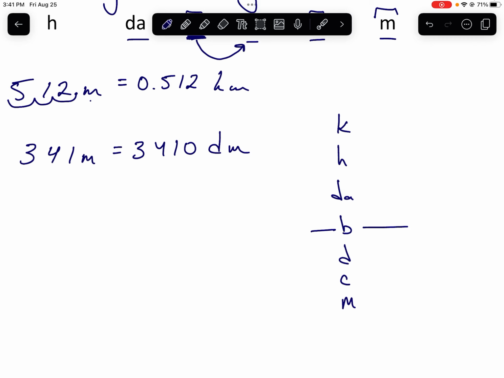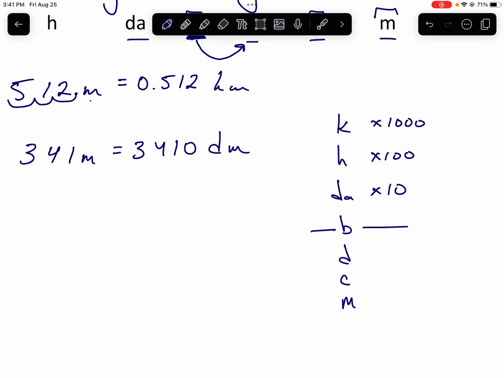Deca, dA, is 10 times the size of our base, so it's our base times 10. A hecta is 10 times bigger than that, or 100 times the base. And kilo is 1,000 times the base.